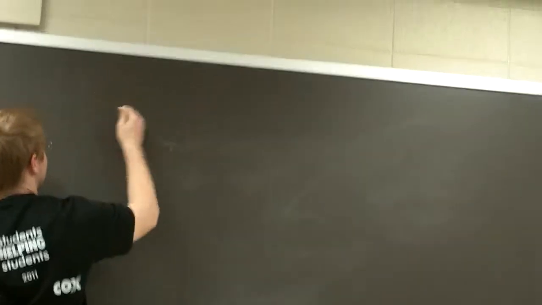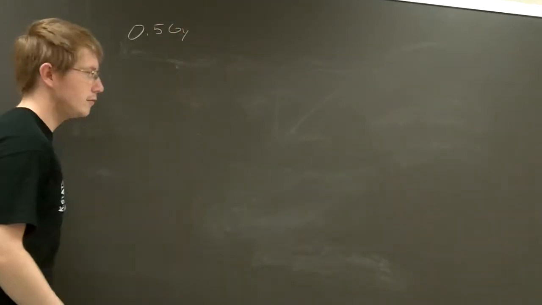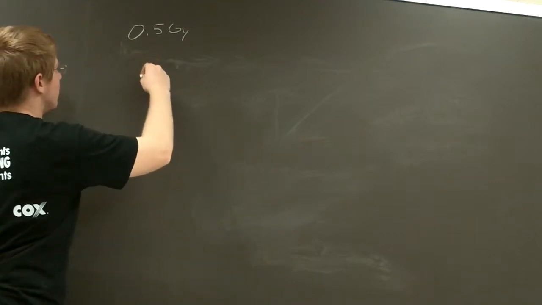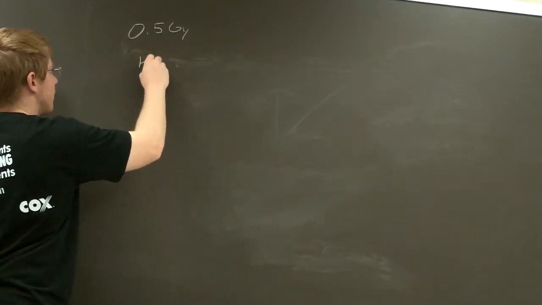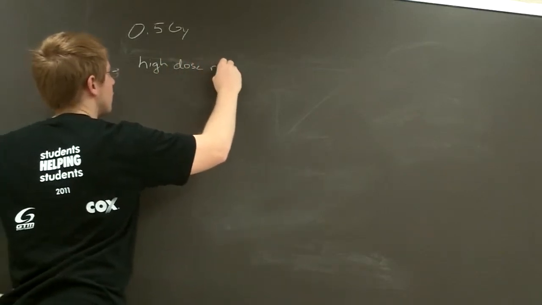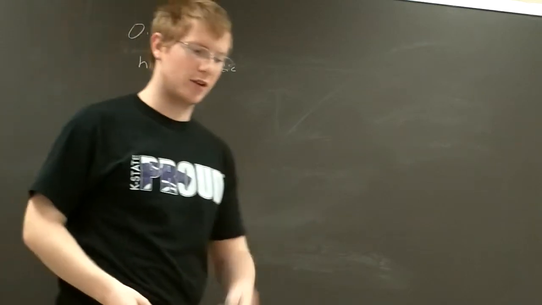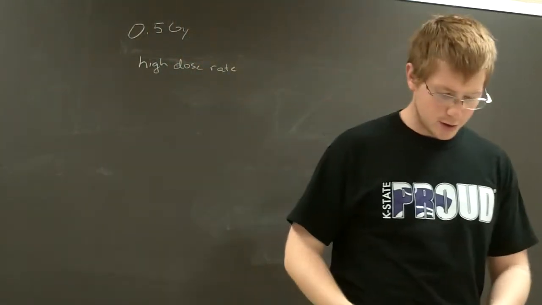So let's say we have a worker who has an accident, and the worker receives half of a gray, and this is a high dose rate. Let's say the worker receives half of a gray really quick, just had an accident at work.